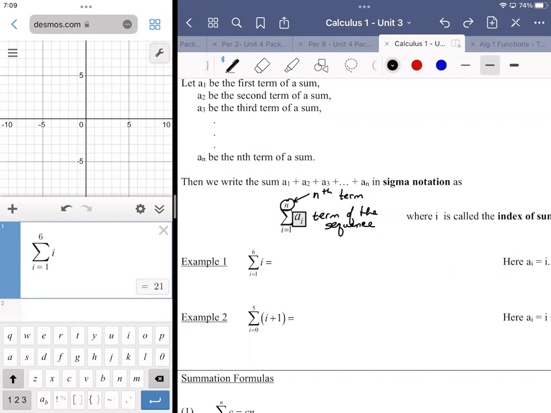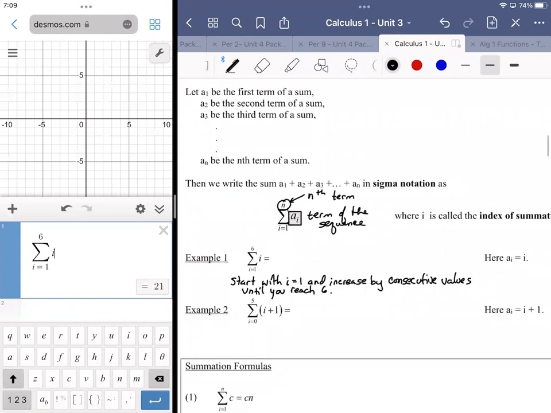So what this is telling me to do is start off with I equals 1 and increase by consecutive values until you reach 6.